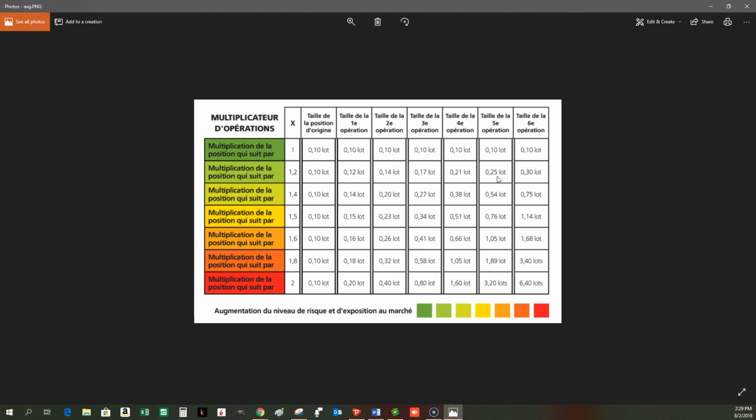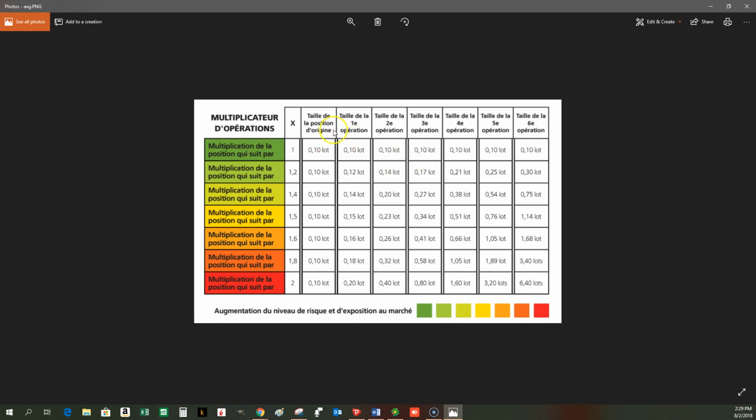We don't have the free margin that can give us the possibility to open one lot. So probably we need to open 2 or 3 positions maximum, and that's the reason why we need to wait and not open positions too close to one another.